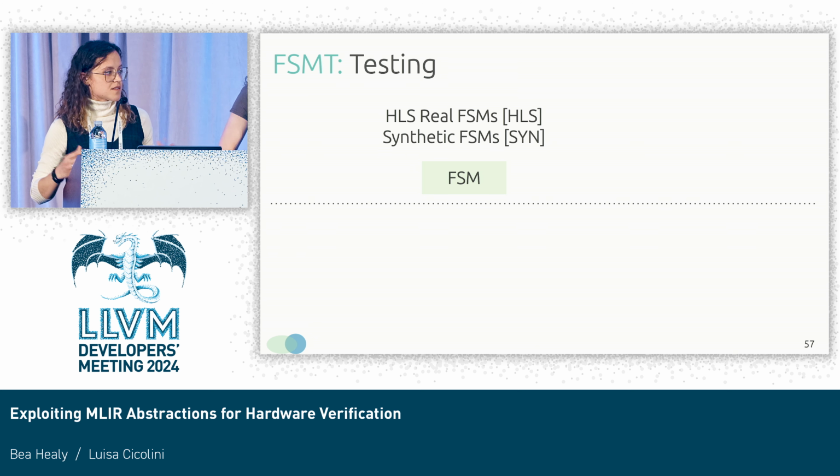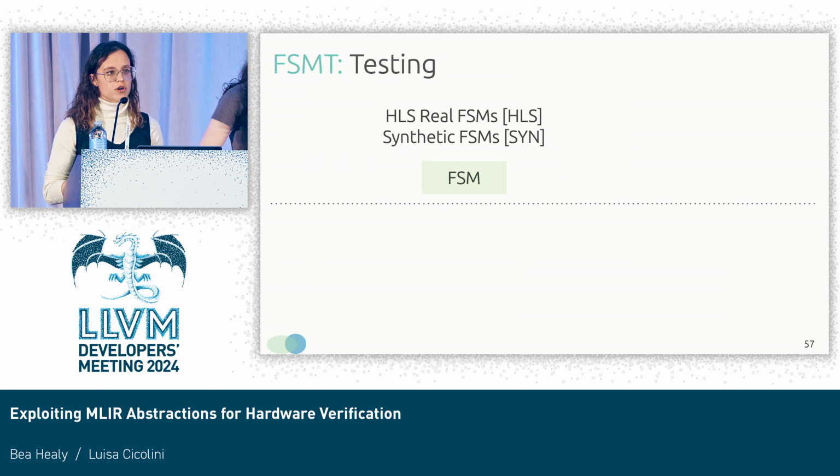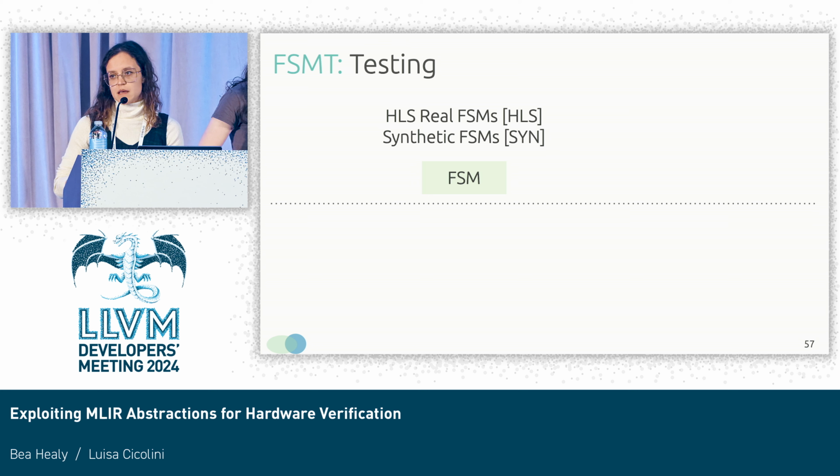Now, how do we test this whole infrastructure? We consider two main benchmarks. A first benchmark coming from the hardware speculation project, The Lord of the Rings, from HLS real FSMs. And then we construct a synthetic benchmark of linear FSMs to evaluate how our model scales.